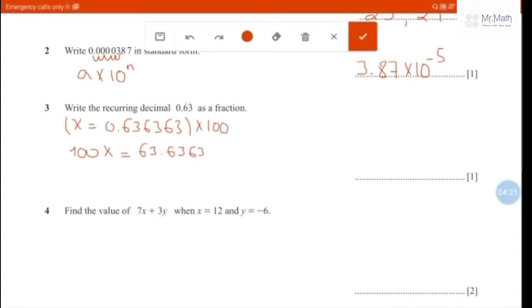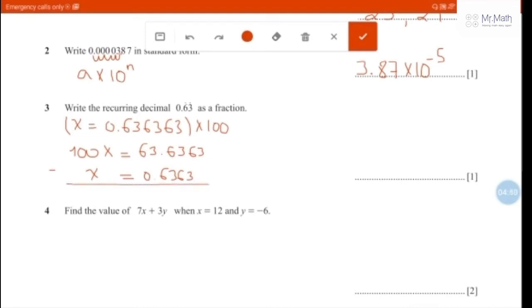Now, I'm going to subtract x equals 0.636363 from 100x equals 63.6363. So I'm subtracting here x equals 0.6363.